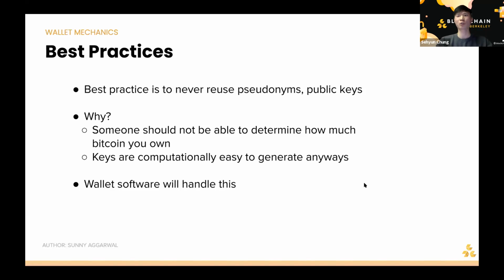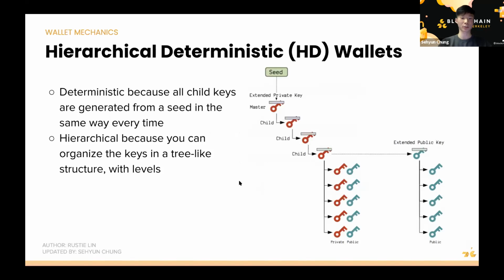But the question is, how do wallets do this? How are wallets able to continue to generate keys at a low cost and at a quick rate? Well, there's this idea called hierarchical deterministic wallets, HD wallets. And the idea here is that you have one private key, this key right here, which is generated from some random seed.